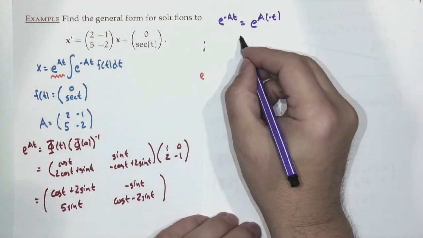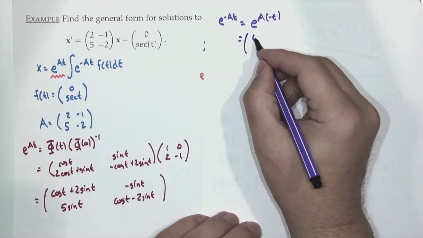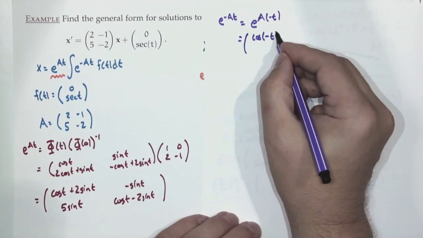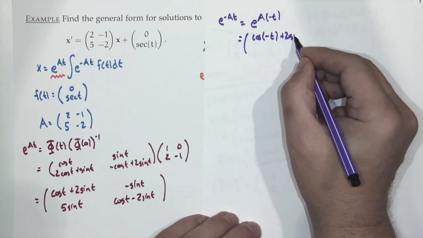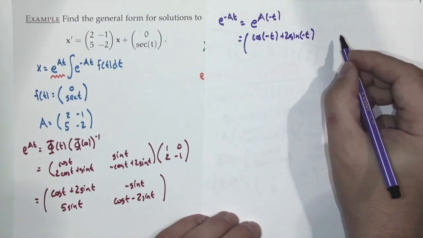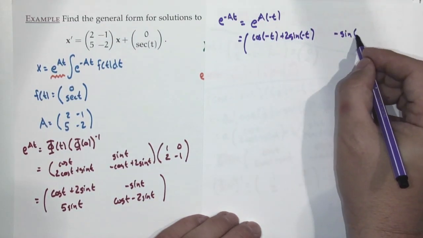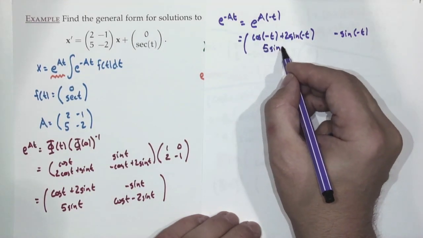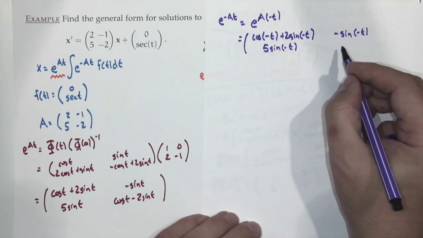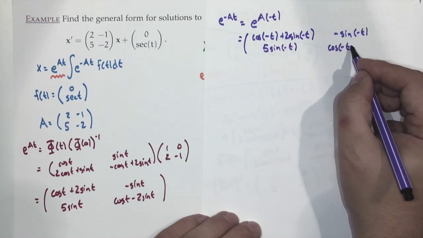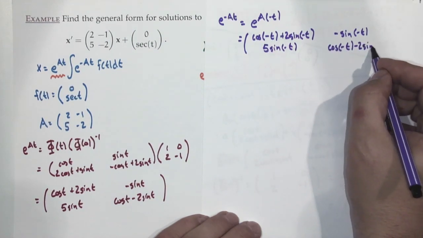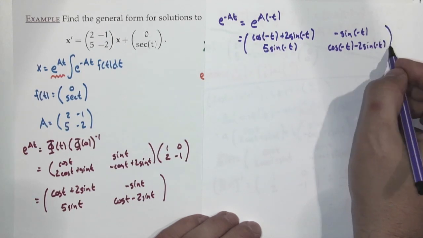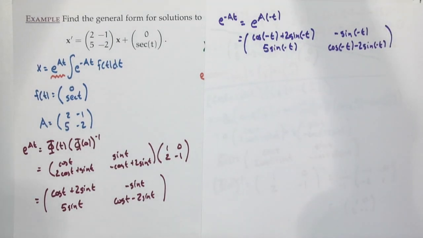So this would be cosine of minus t plus 2 sine of minus t, minus sine of minus t, 5 sine of minus t, cosine of minus t minus 2 sine of minus t. And then we start saying, but we know things about these functions.